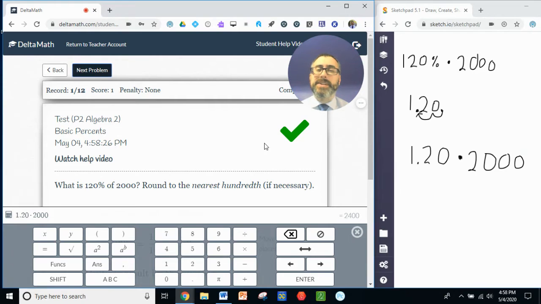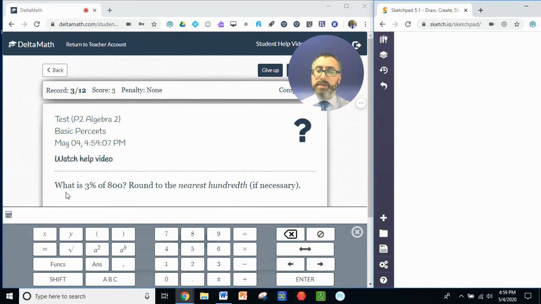Great. Let's look at another problem like this. What is 3% of 800? Round to the nearest hundredth if necessary. Okay. Once again, I have a percent, 3%. But I want to rewrite this in pure decimal form. So I can take the decimal, which was invisible, so it came after the last digit, and I need to move it 2 spaces to the left. 1, 2.